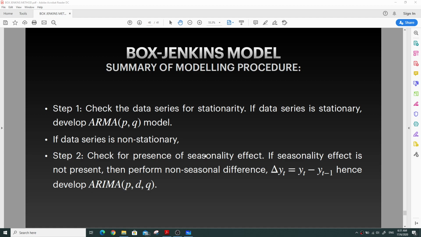If there is seasonality in your series, we have to perform seasonal differencing first. But if there is no seasonality, we will perform non-seasonal differencing. So if we have non-seasonal data, we will construct an ARIMA model. This p, d, q order will depend on the ACF and PACF pattern, which I will discuss in the application part.